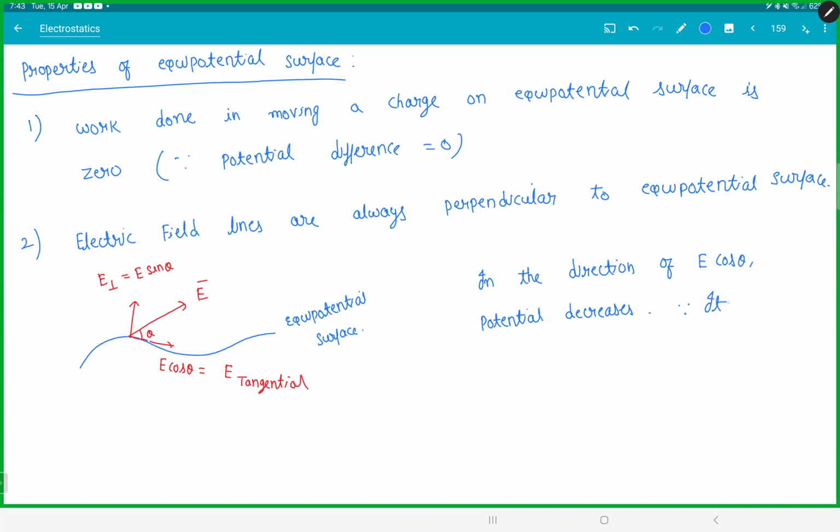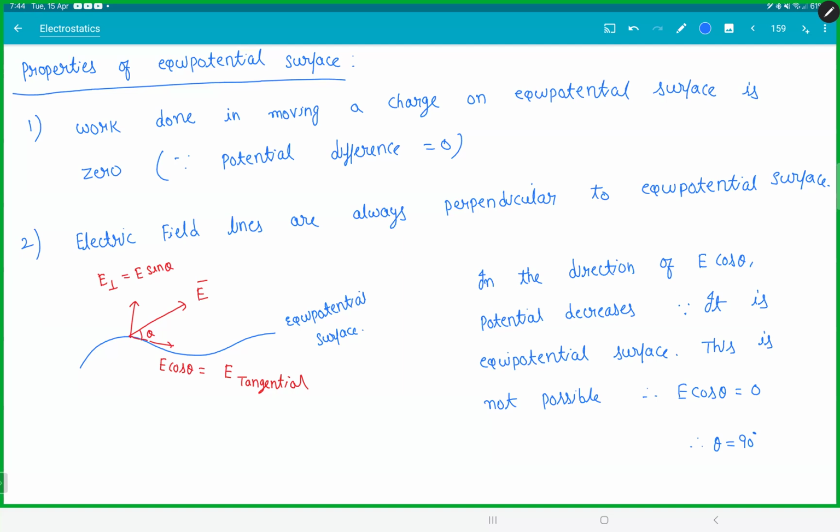Since it is an equipotential surface, this is not possible. And there's only one possibility, E cos theta should not exist. Therefore, E cos theta is 0. Therefore, theta must be 90. Therefore, the field must be perpendicular to the equipotential surface.